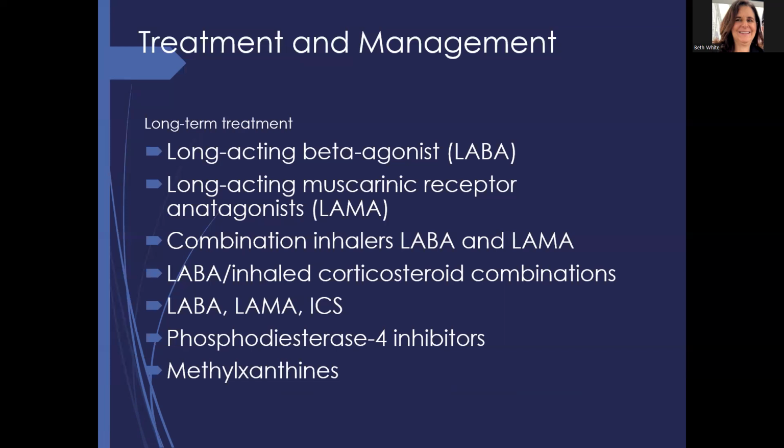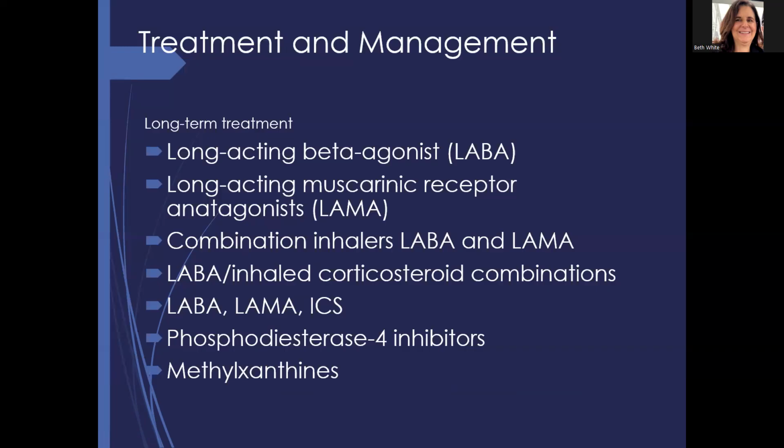Long-term treatment, okay, we love our long-acting beta agonists and long-acting muscarinic receptor antagonists, so our LABAs and our LAMAs. We have a lot of combination inhalers out there, LABA and LAMA combined, so it's fewer medications the patient has to take, and less often they have to take them. Very effective are our LABA and inhaled corticosteroid combinations.